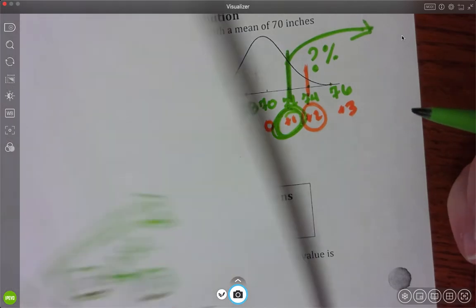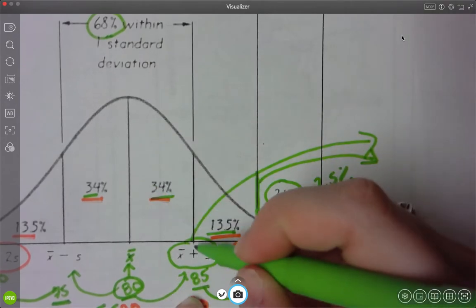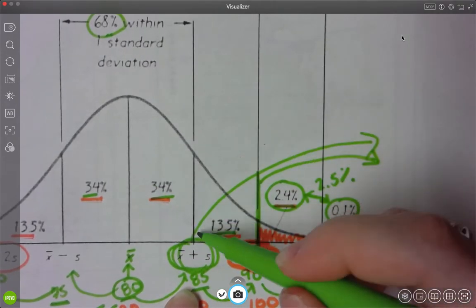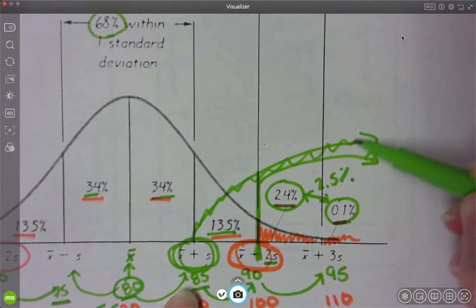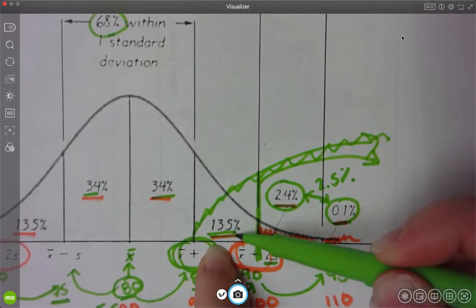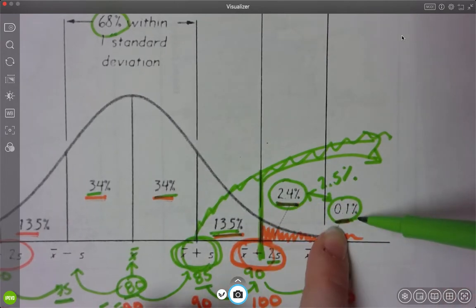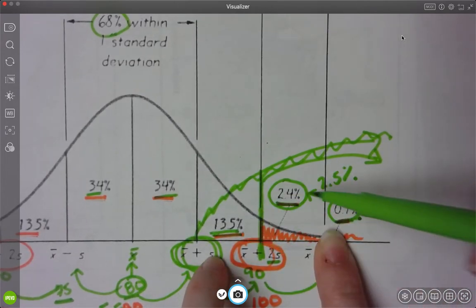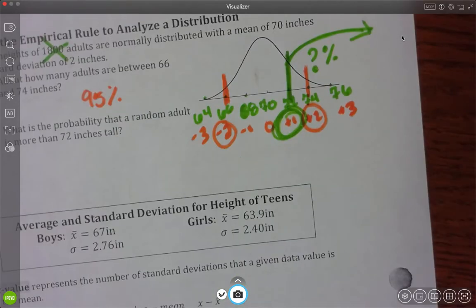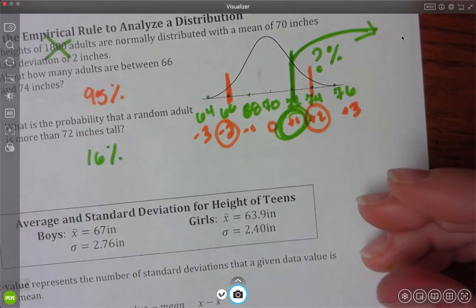So on my empirical worksheet, I have the +1 here, and what percentages would be from here and beyond? I think we've already calculated this one. This would be the 13.5%, the 2.4%, and the 0.1%. I would add all 3 of those together, and if you remember from before, that was about 16%. So it says, what's the probability?